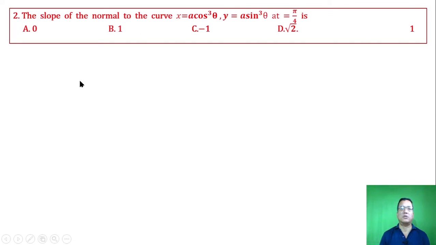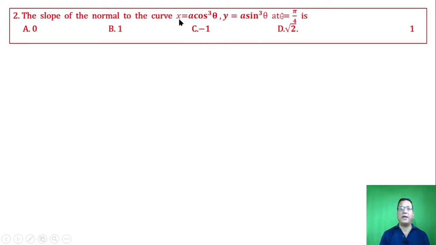For question number 2, the slope of the normal to the curve x equal to a cos cube theta, y equal to a sine cube theta, at theta equal to pi by 4 is?